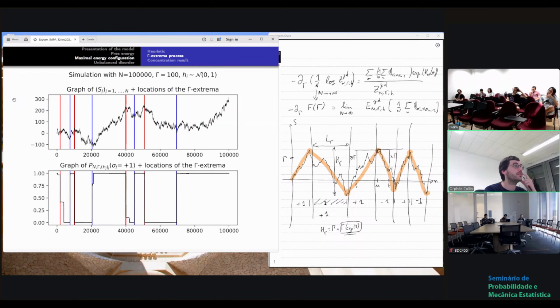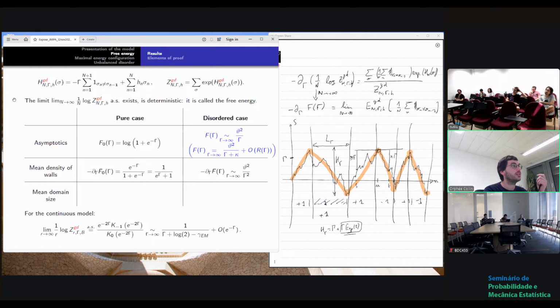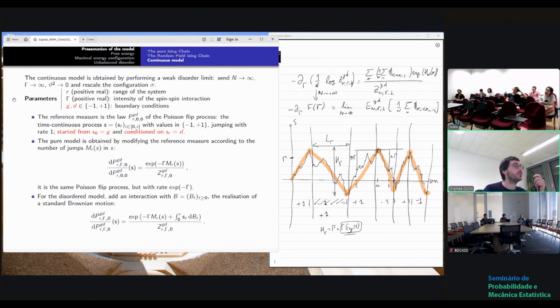Yeah, the continuous model is pretty much the same, just that the space is continuous. So you have a configuration sigma valued in -1 and +1, and the reference measure is a Poisson flip process, so it switches from -1 to +1 or +1 to -1 at rate 1, and you make a disordered version by penalizing the presence of walls, of jumps, by gamma, and by adding an interaction with a Brownian motion.